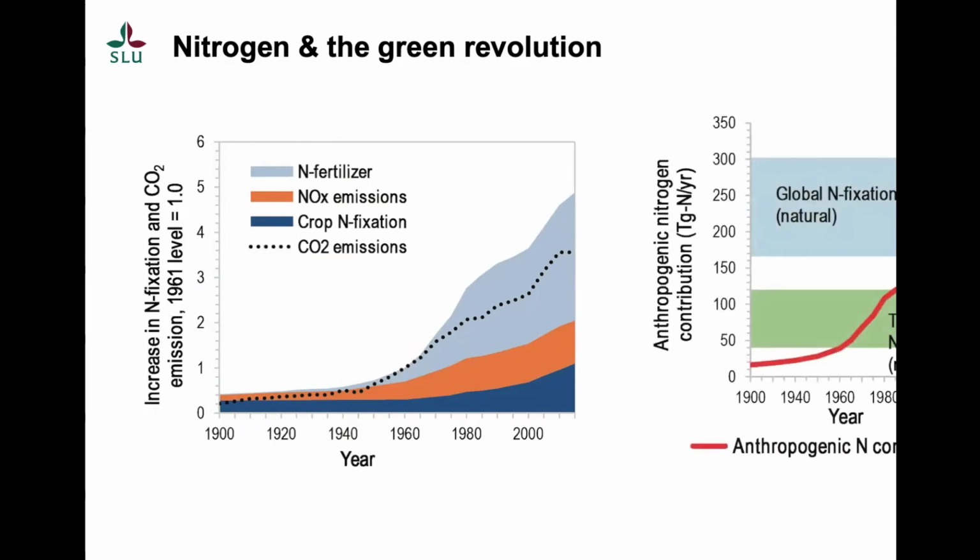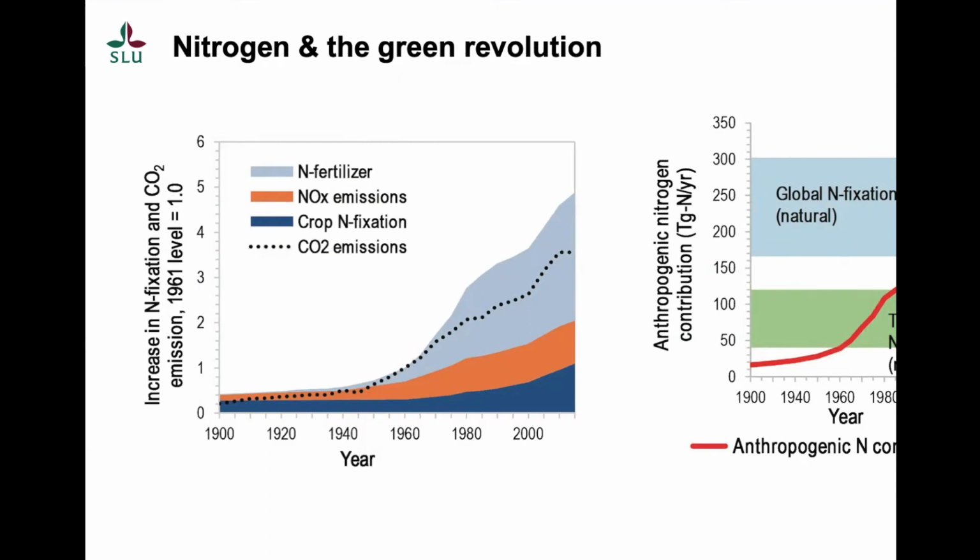But something to really consider is that the amount that we're fixing is approaching the amount that's fixed globally every year. There's terrestrial, because we're fixing it and putting it onto land. So we're fixing it for terrestrial use. But there's a massive amount that, of course, is fixed in oceanic systems.